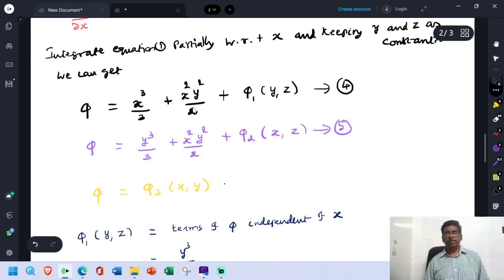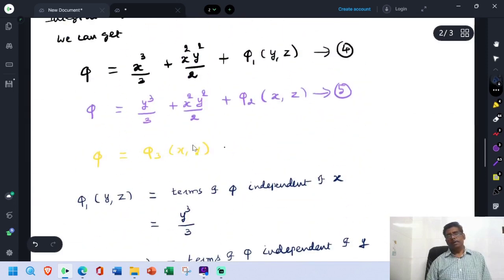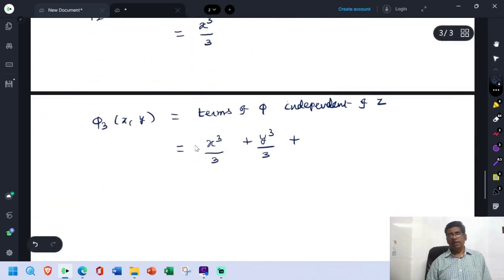These terms are present 2 times, so you have to take only one time. This is equal to x cube by 3 plus y cube by 3 plus x square y square by 2.